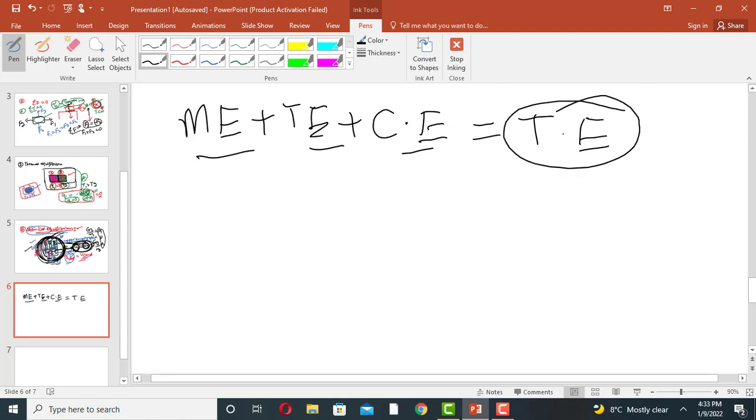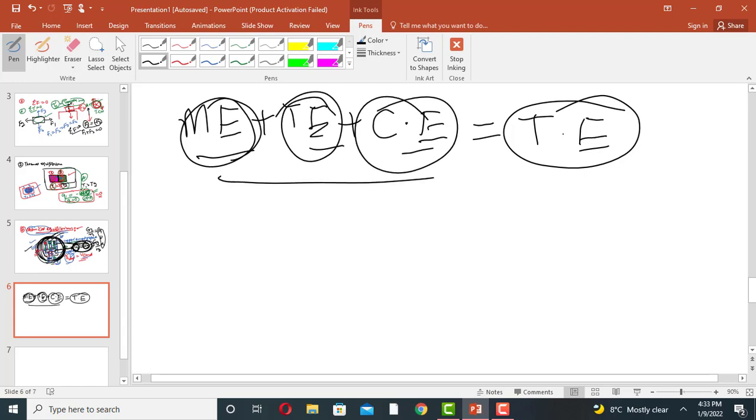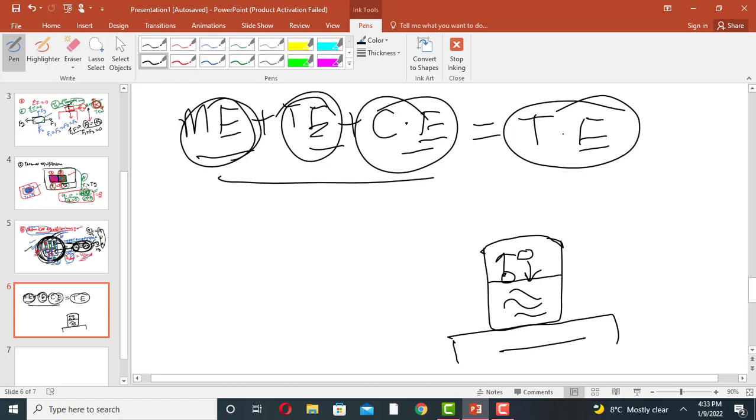So thermodynamic equilibrium is nothing but the sum of mechanical, thermal and chemical equilibrium. Suppose this was a system, this was liquid water, this was the upper space, and there was no mechanical force acting on this system. So mechanical equilibrium was satisfied.